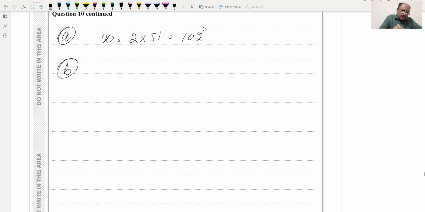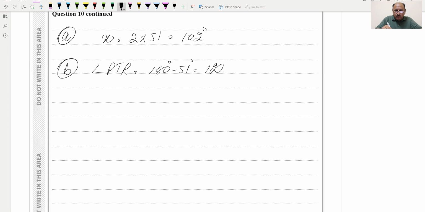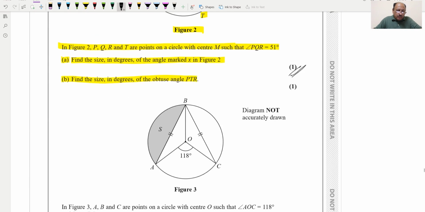So angle PTR will be equal to 180 minus 51 degrees, and 180 minus 51 is equal to 129. So 129 will be the answer for the B part.